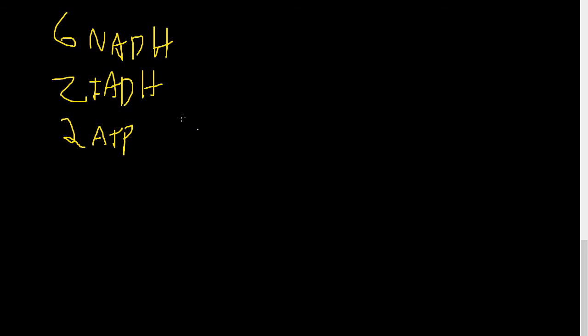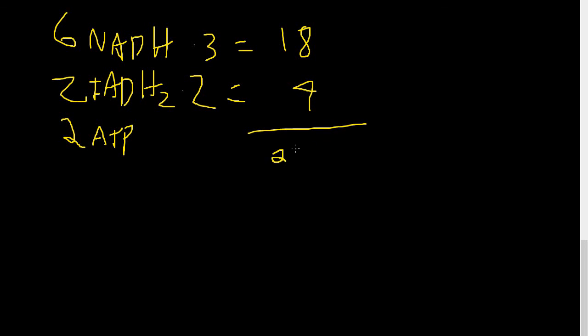And so 1 NADH forms 3 ATP, so that's 18. 1 FADH2 forms 2 ATP, so now you have 4. So you have 22 plus this 2, you're then left with 24.